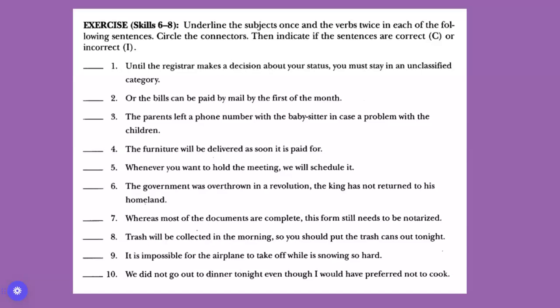Yes, it has an unnecessary connector. There you can omit "or." The bills can be paid by mail by the first of the month. Or what? Yes, this is not correct. We need another clause to complete the sentence or eliminate "or."